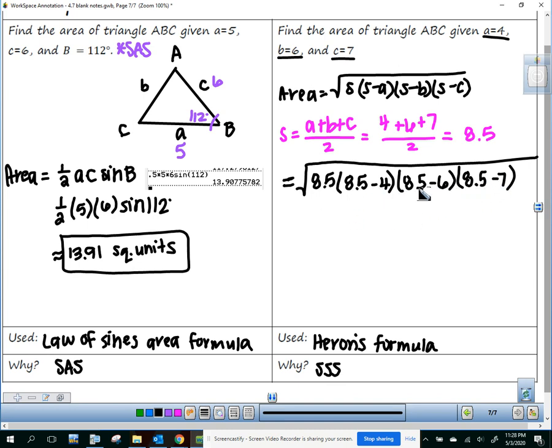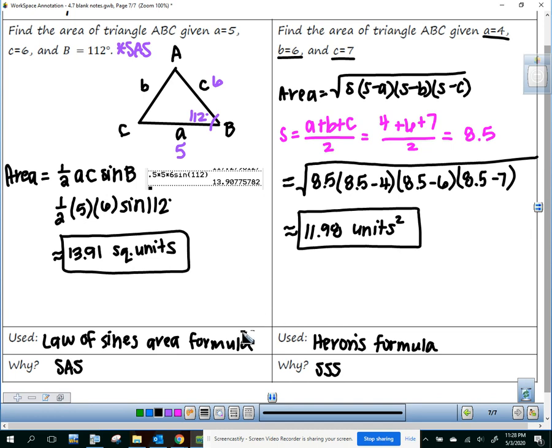You can type it just like this in your calculator. You can do it in however many pieces that you want to do it in. But what this comes out to in your calculator is approximately, if we go to the hundredths, 11.98. And again, it's square units, but remember the other way you could write that? You could write your units and then put a power of 2 to show that they're square units.